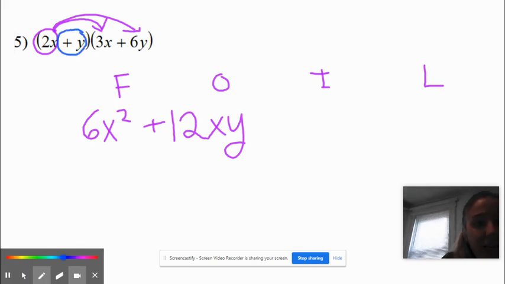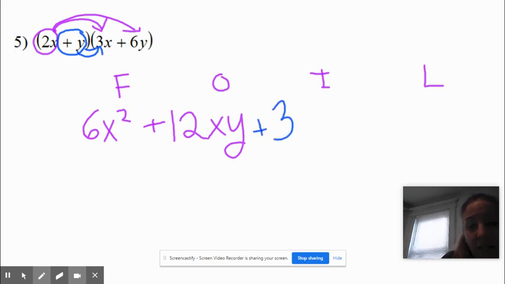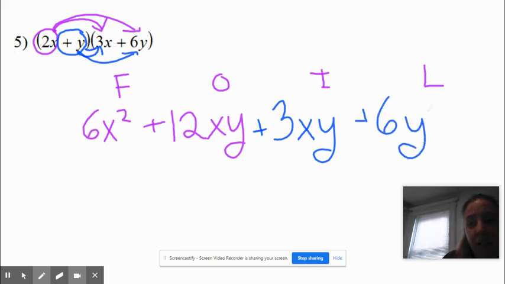Now, this y times 3x, well, is 3. And then y times x, we go alphabetically. And then y times 6y is positive 6. And then y times y is, of course, y to the second power. That's a plus.